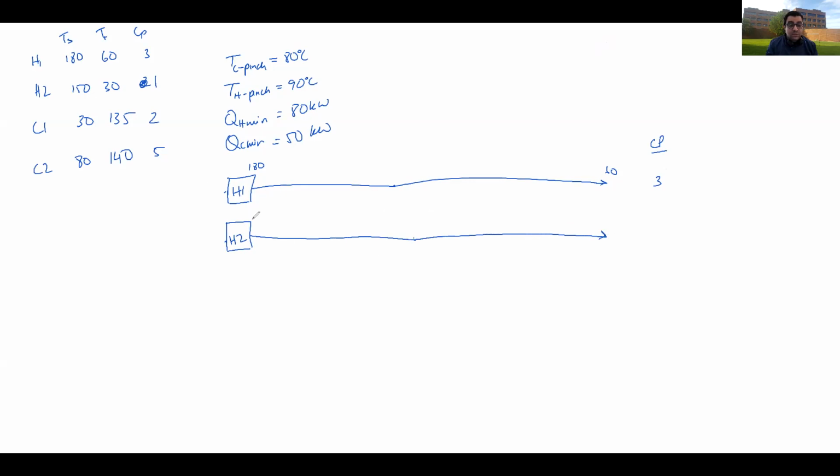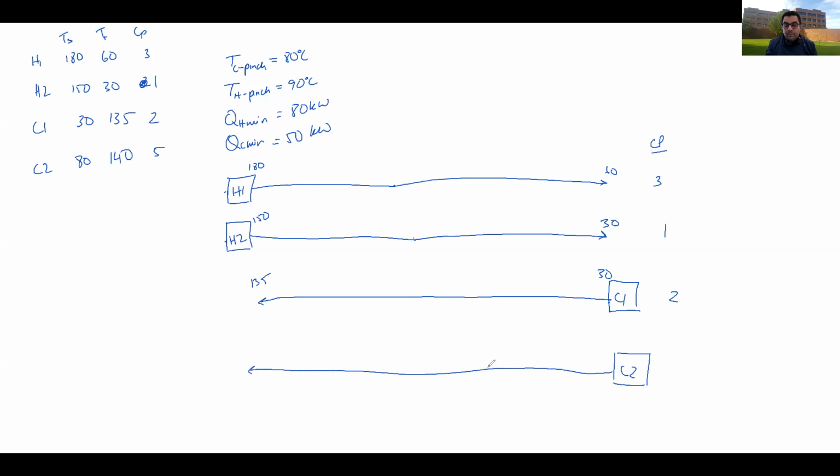So this is 150 to 30, and CP is 1. I have C1 right here, 30 to 135, CP of 2. And finally, C2, this guy right here, goes from 80 to 140 with a CP of 5. Okay, so now I have my streams.